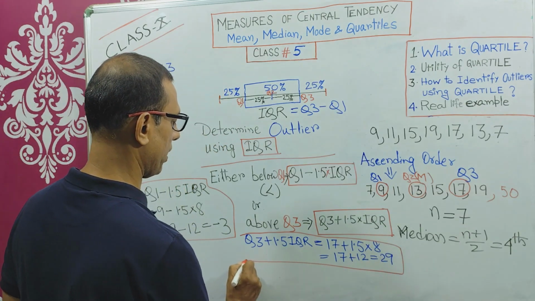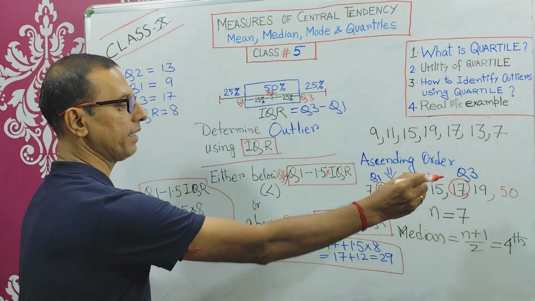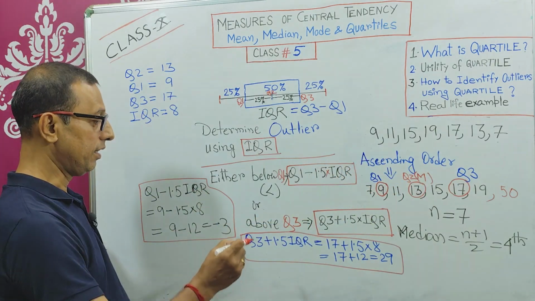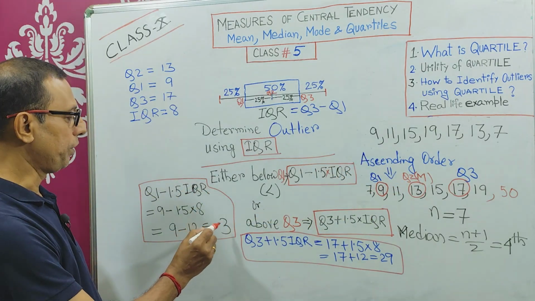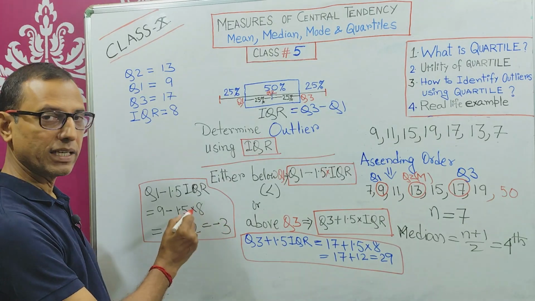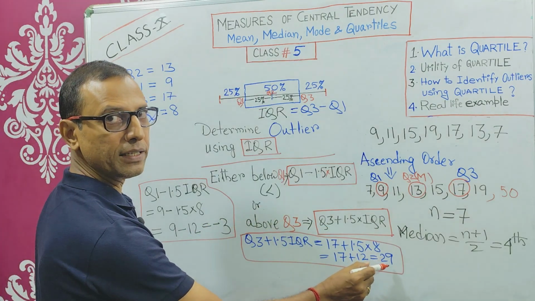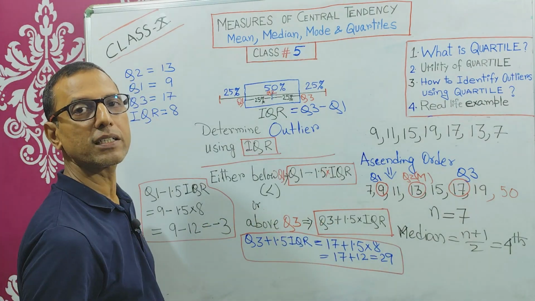for outlier. That means if in this particular data set, if there is any value which is less than -3 or greater than 29, then this will be treated as outlier.